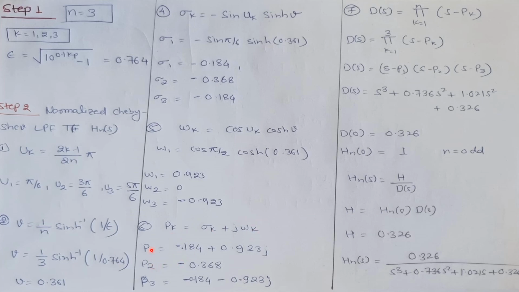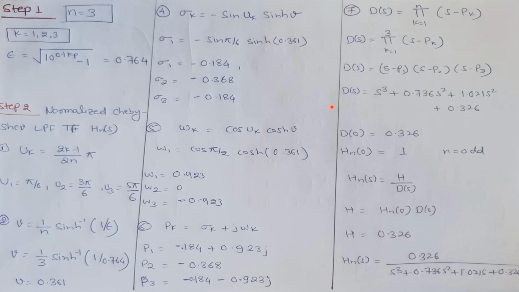You will get different poles, that is minus 0.14 plus something. Once you get the values, you put them over here to calculate D(s), and you will get the D(s) value.